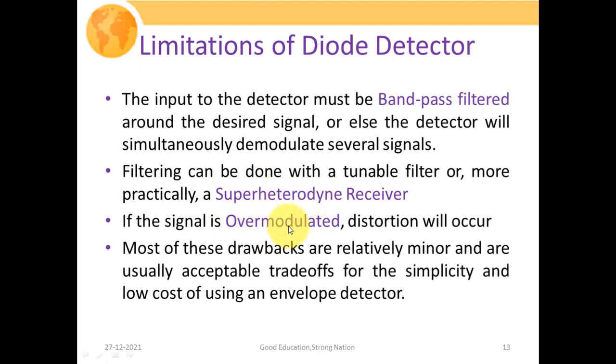If the signal is over modulated, distortion will occur. Obviously for the over modulation case, we have already discussed that the modulation index mu is greater than 1, so a 180-degree phase reversal would be there. Some of the message part we will miss since we are using diode circuitry.